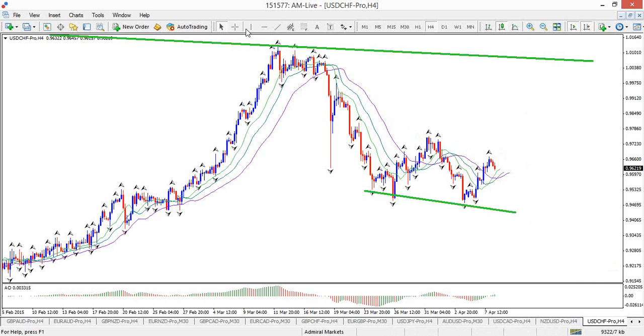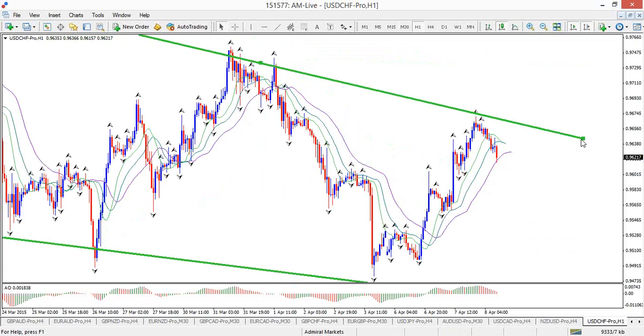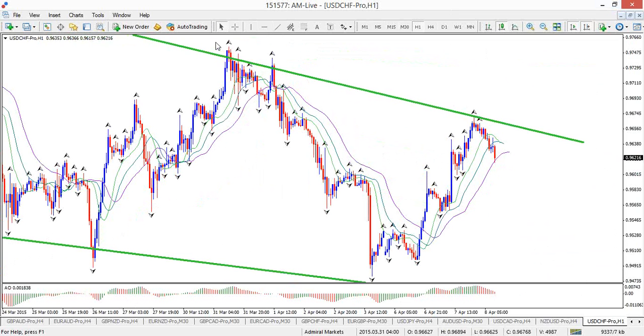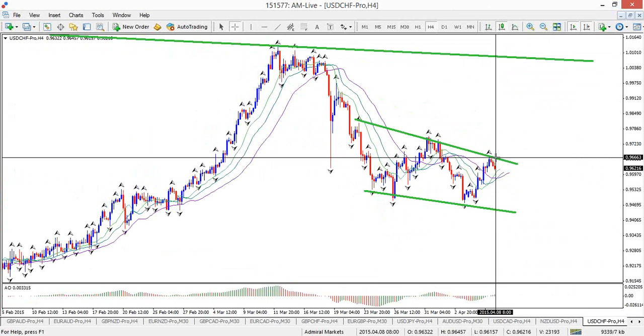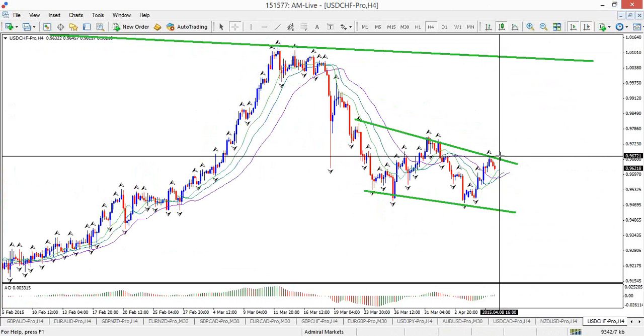I would probably need to see at least a break of this trend line, and then perhaps the upside seems a bit more interesting. Not that I would take it right away, but we're getting into more of a bullish zone at that particular moment if we break above 96.70.